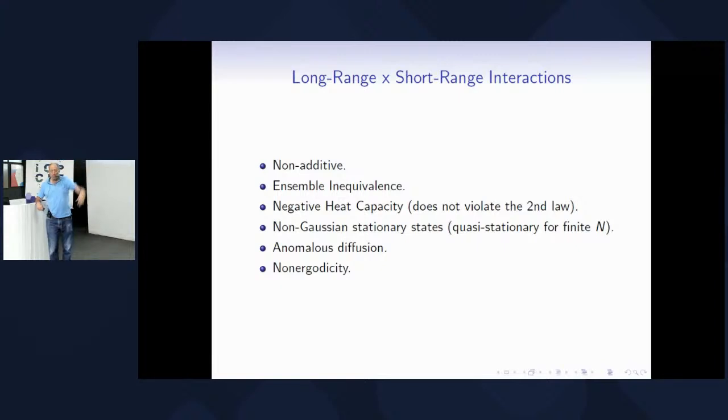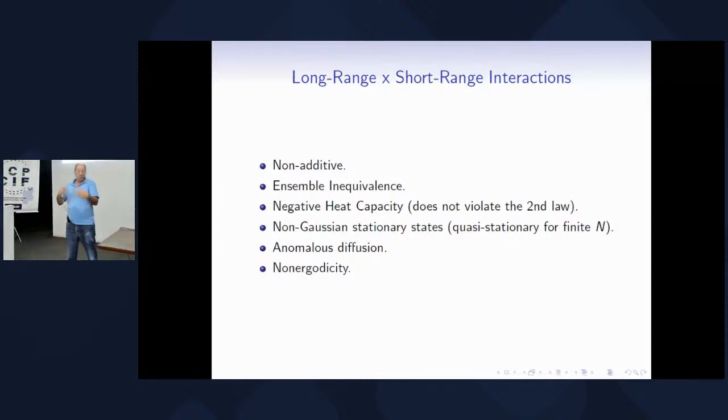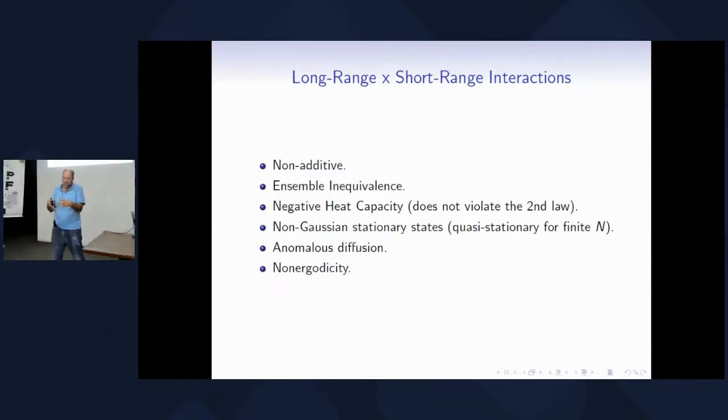So if you take a gravitational system, like a globular cluster, and you play God and give energy to the stars in this globular cluster, it will go to another state where the average kinetic energy is smaller. This is what a negative heat capacity means in this case.